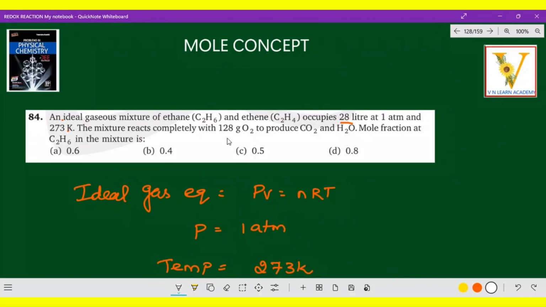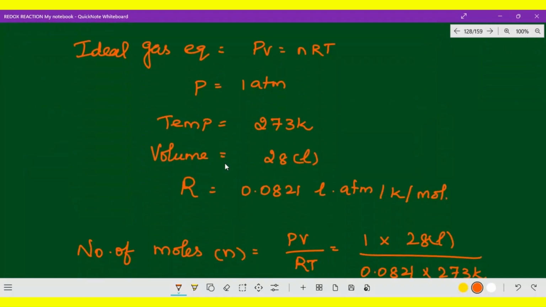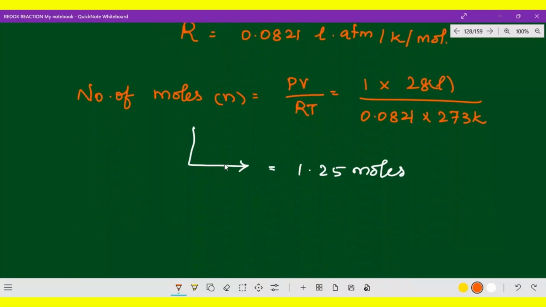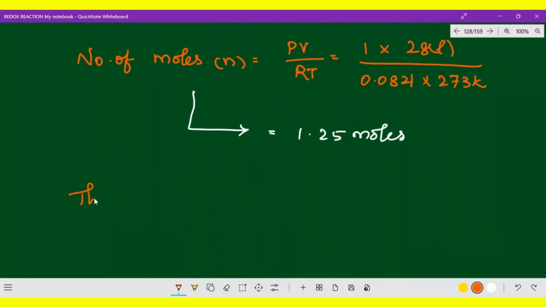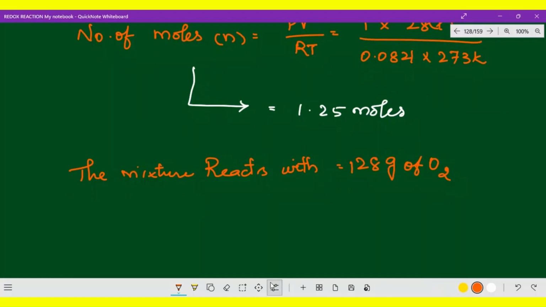So the mixture reacts with 128 gram of oxygen. The molar mass of oxygen you know very well, 32 gram per mole.